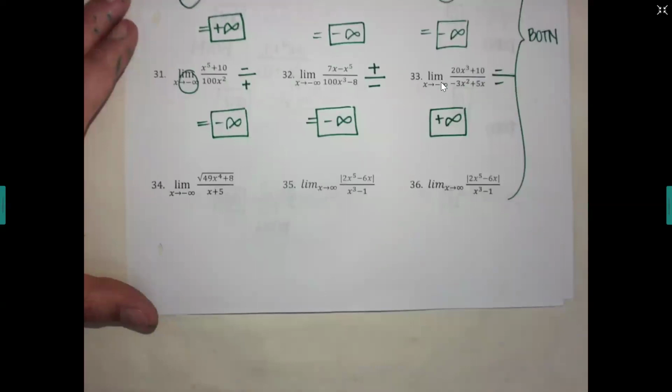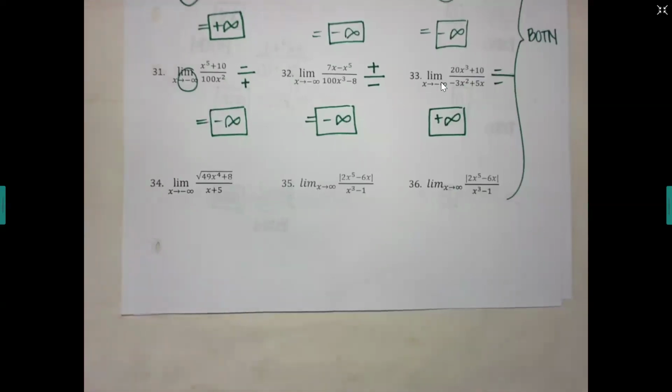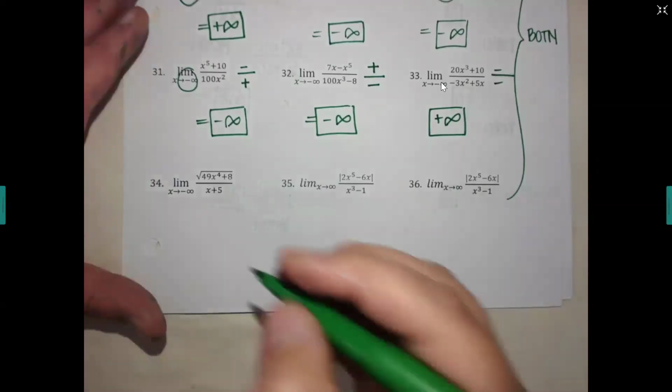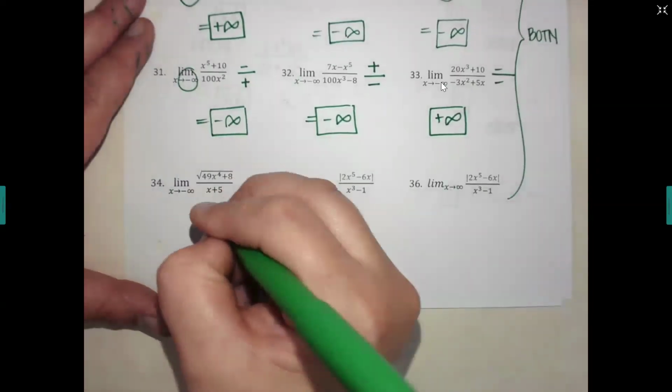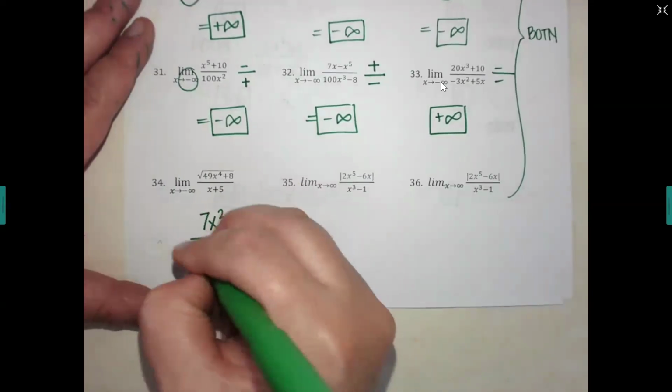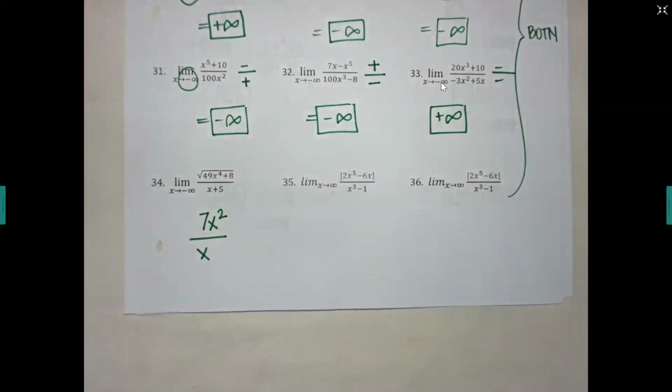Okay, last row, you're doing great. Negative infinity on a 49x4 over an x. What is this reduced to? You're going to have to square root that first term. 7x what? Squared. Oh, versus a regular x. Did it come out to be a button like we said it would? Yes, so we know it's infinity.